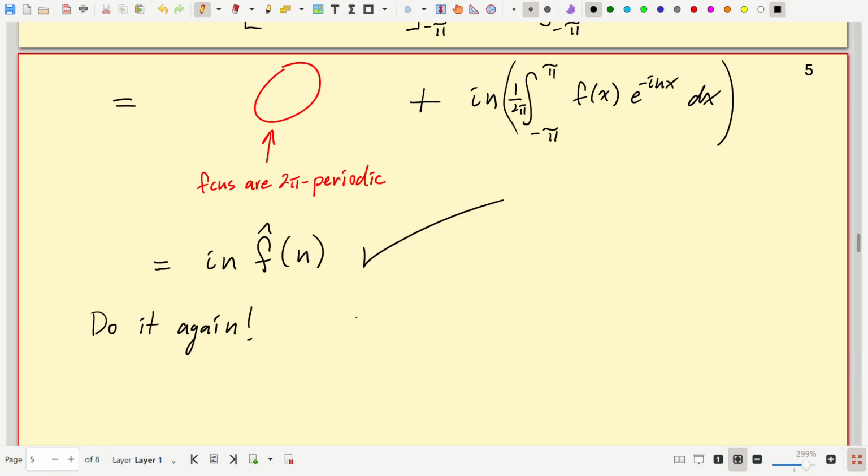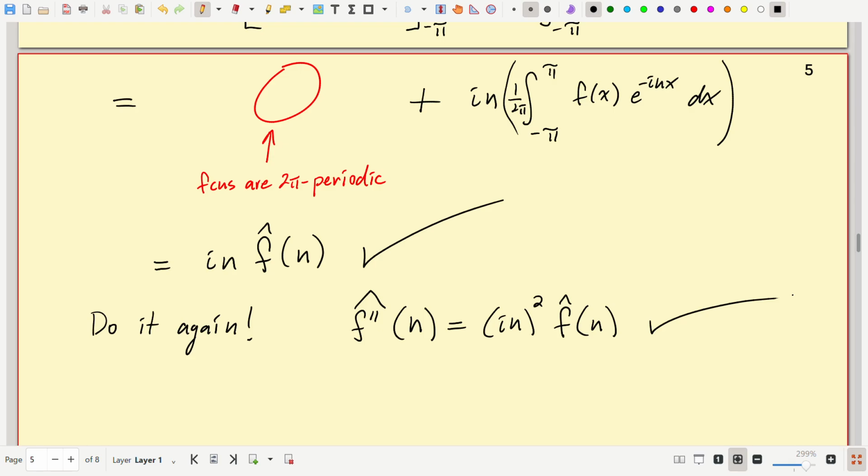And when you do it again, you get that the Fourier coefficient for f double prime is i n squared, it just comes out again, times the Fourier coefficient for f. So check to that, too.